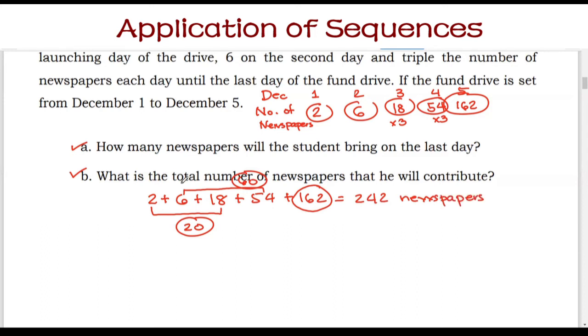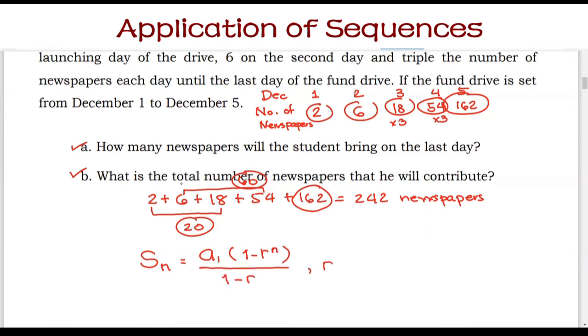Or you may want to use the formula here. Diba? Meron kayong formula on how to add the terms of a geometric sequence. Let me recall. So the sum of the first n terms of a geometric sequence is equal to a sub 1 times 1 minus r raised to n, all over 1 minus r.